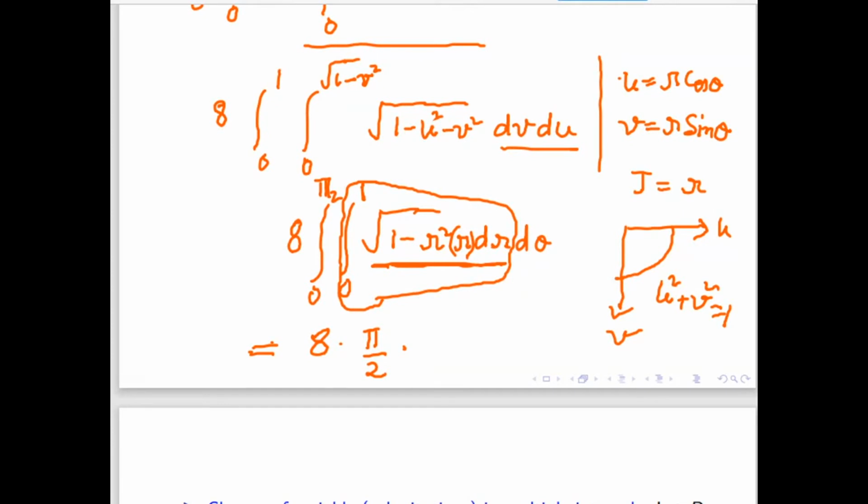You can assume 1 minus r square equal to t square, because this integration with respect to r is a normal integration in a single variable.